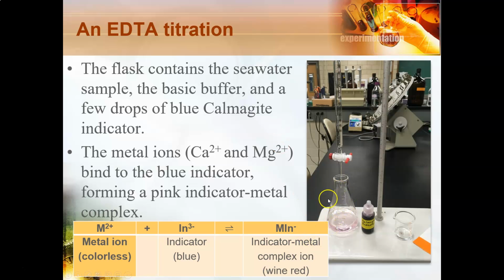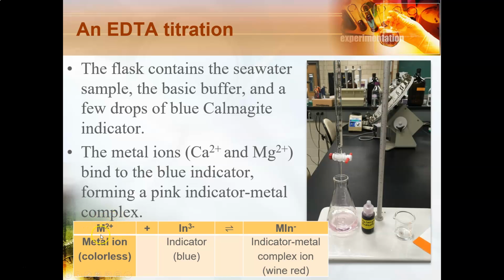So in this flask right here, I have the seawater sample and the basic buffer that gives us the pH around 10, and then I added a few drops of the calmagite. So the calmagite, again, is blue, but as soon as it hit this flask, the flask turned pink. So what happened there is in the seawater, I had calcium and magnesium ions.